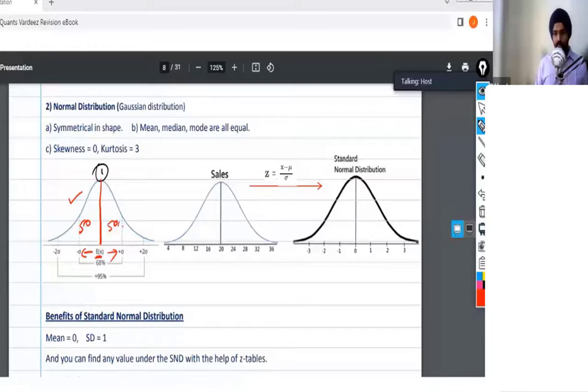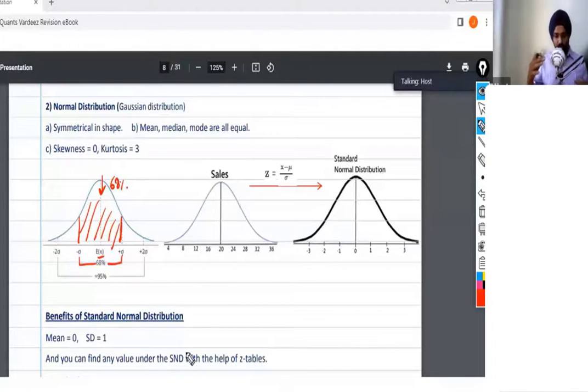I can do that. Moreover, by looking at the normal distribution, there are some established features. Within one standard deviation away from the mean, there's going to be 68% of the data.